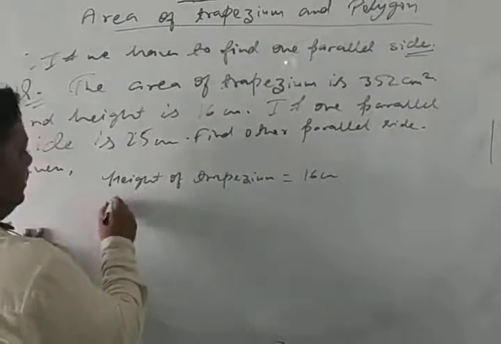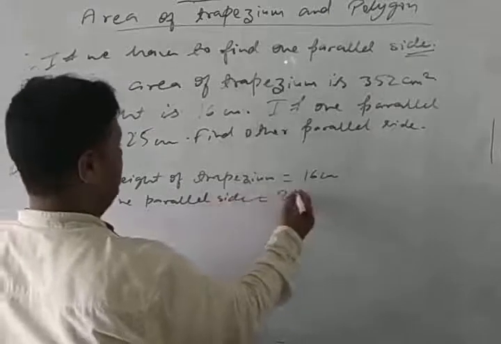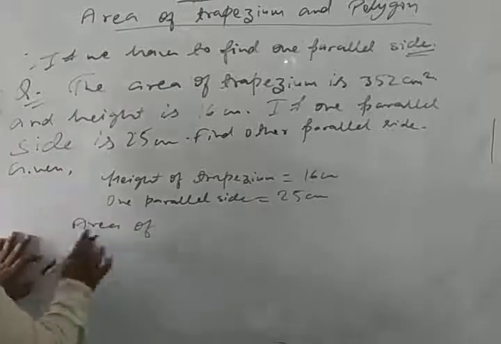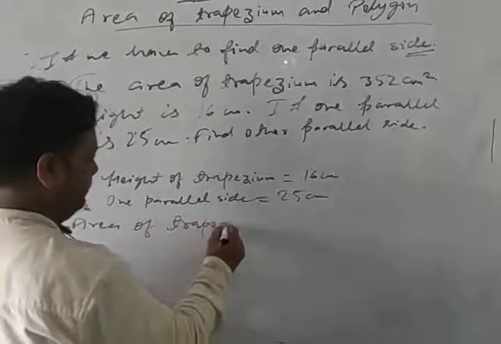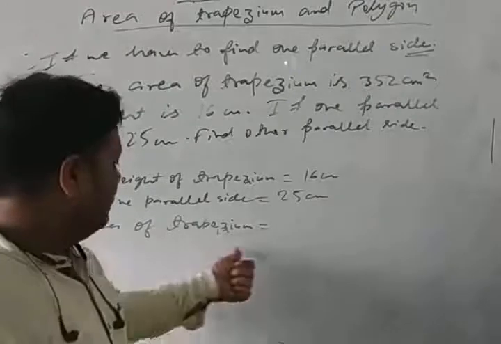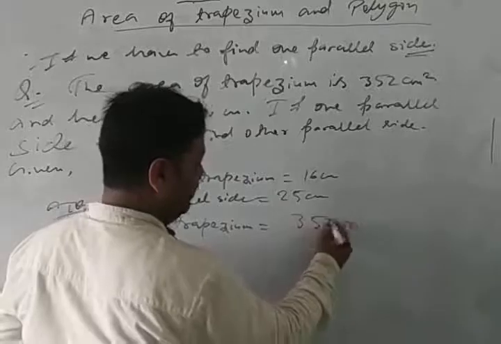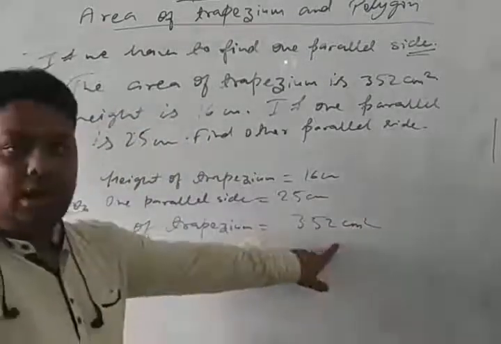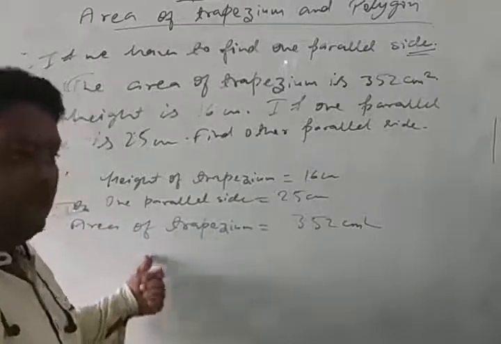Now one parallel side is given, 25 centimeter, and the area is also given. According to the question, here we can write area of trapezium. If the value of area is given, then we will write the value here, 352 centimeter squared. And in this case we will write the formula just below it.